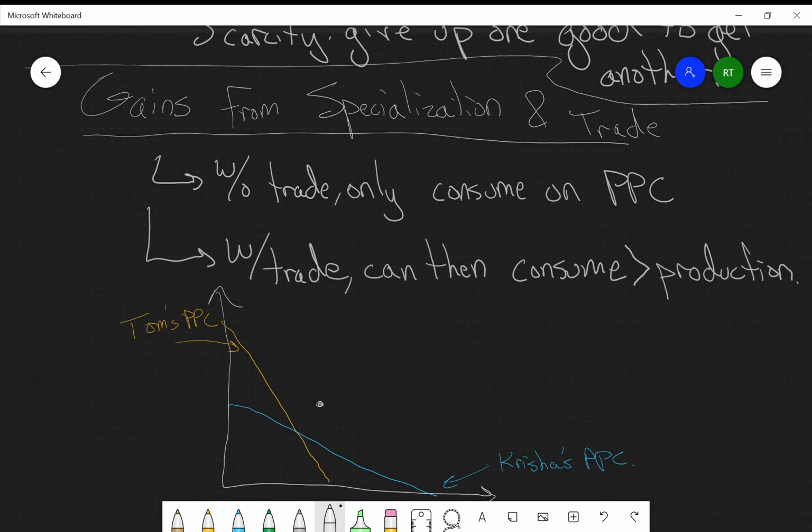So this point where it's 12 pounds of coffee and 12 nuts per day. This is achievable only with specialization and trade.